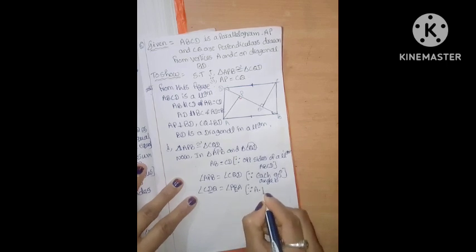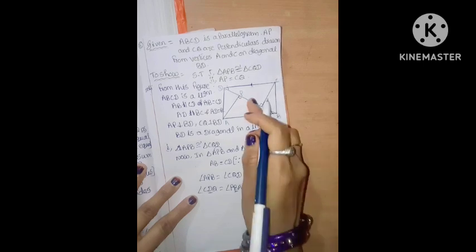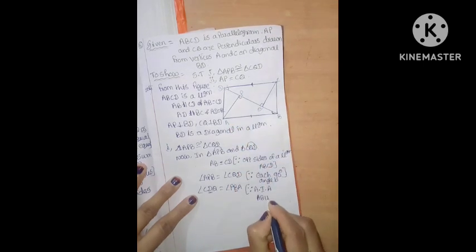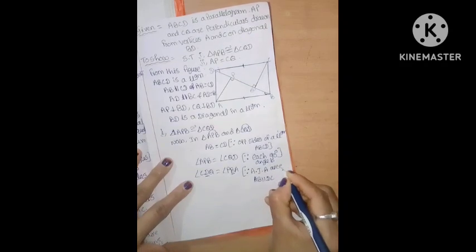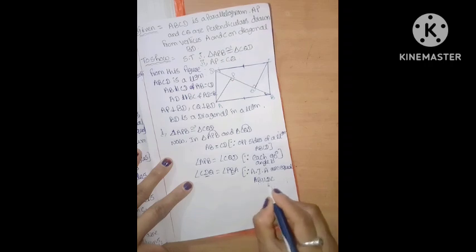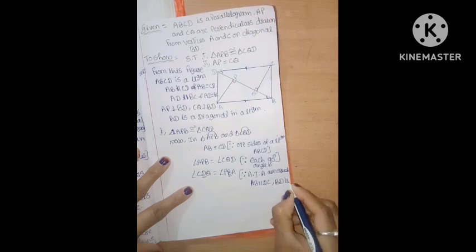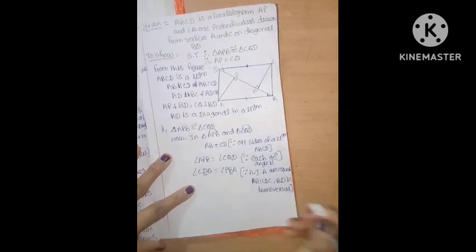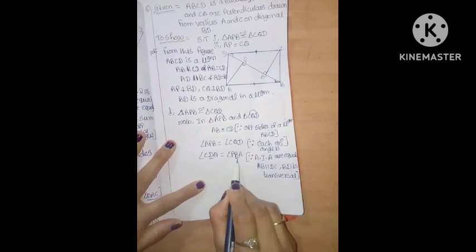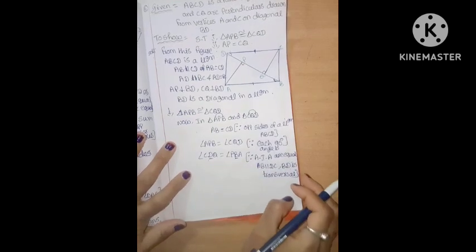Since AB is parallel to DC and BD is the transversal, these two are alternate interior angles, so they are equal.